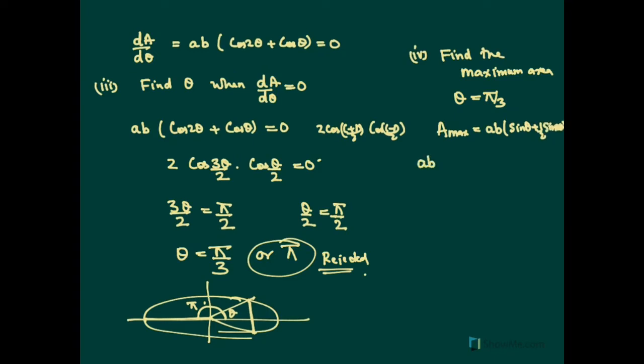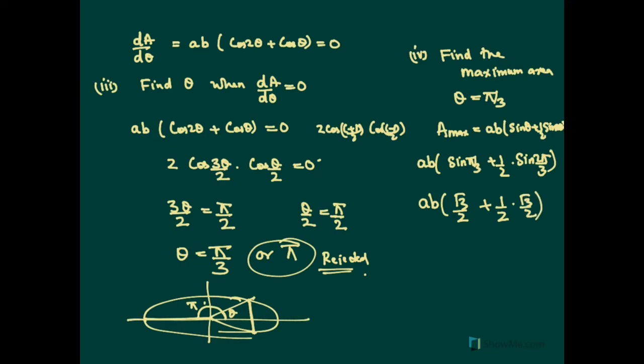So take AB common. What is sine pi by 3? Plus half into sine 2 pi by 3. Now sine pi by 3 is sine 60, root 3 by 2, and sine 120 is also root 3 by 2, because sine 120 is sine of 180 minus 60.